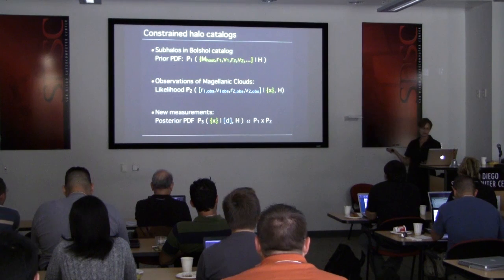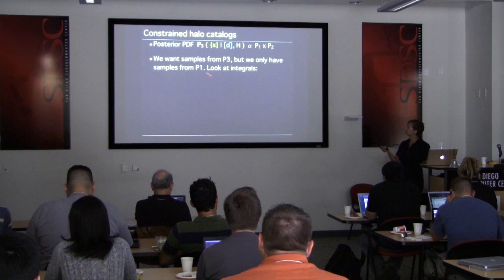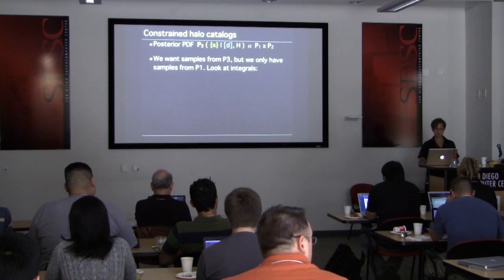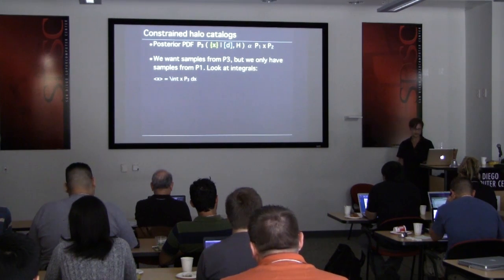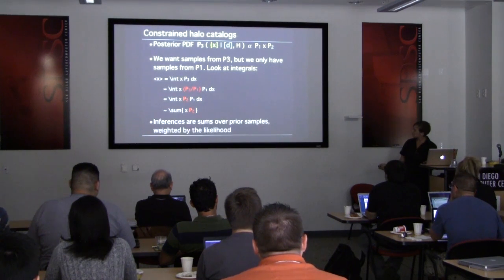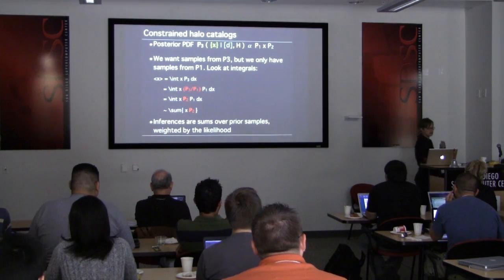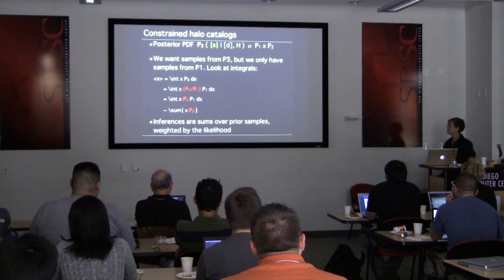Okay, so this is what you want, but you only have samples from P1. So what you do is you integrate here, and what you get is that your inference is the sum over the prior samples, weighted by the likelihood that those samples match the data. Okay?